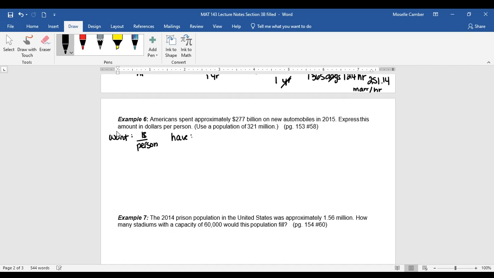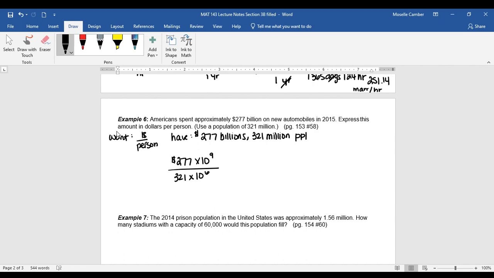What we have is $277 billion spent, and a population of 321 million people. If we want dollars per person, then we can just take our 277 billion, which is 10 to the ninth, and divide that by the number of people, 321 million, which is 10 to the sixth.